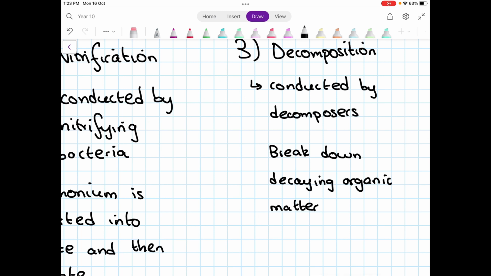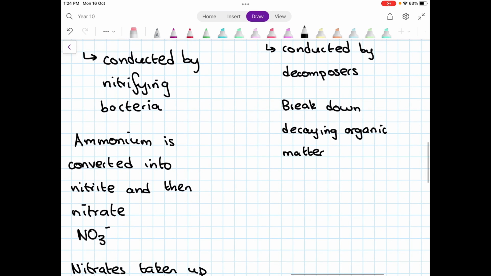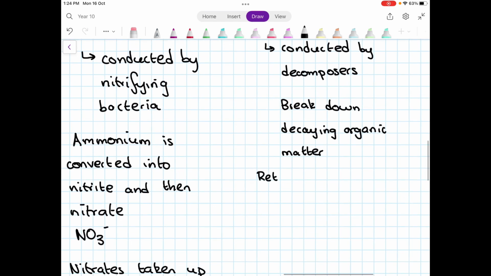So what they would do is break down dead or dying plants and animals, which returns ammonium to the soil. And remember, ammonium is the ion, so it's NH4+.